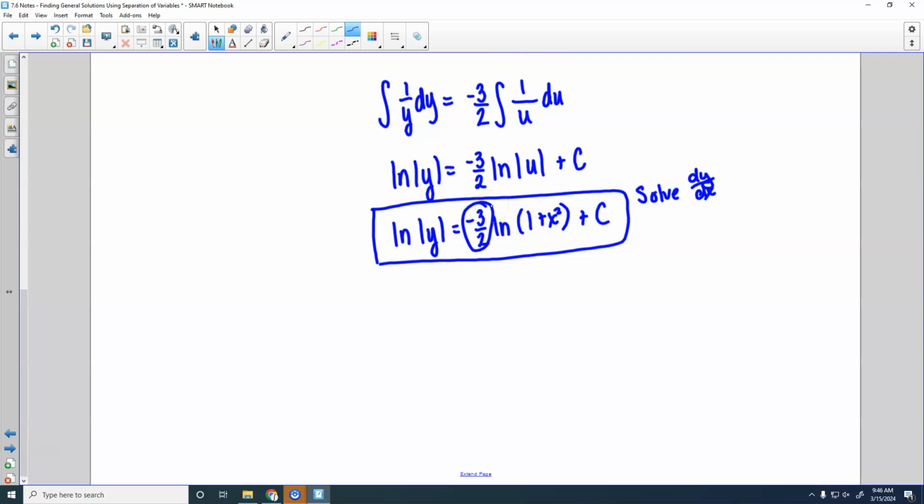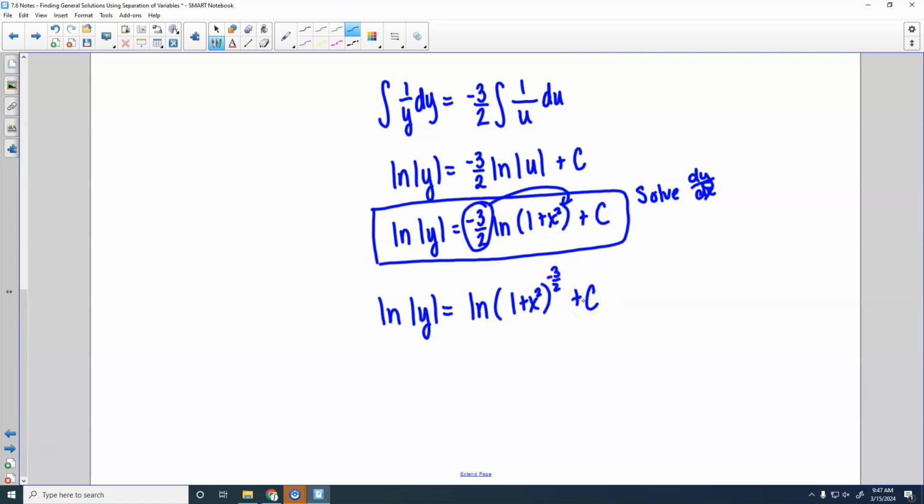Log properties. Oh gosh, we're doing pre-cal right now. It's a power. Okay? So we got natural log, absolute value of y equals natural log of 1 plus x squared to the -3/2 power plus c.